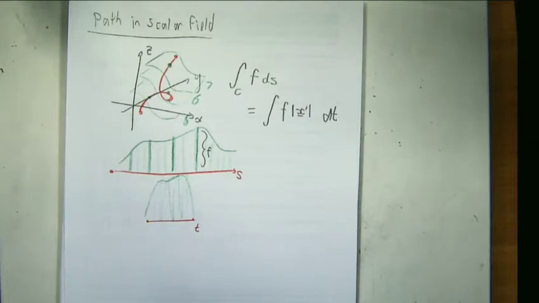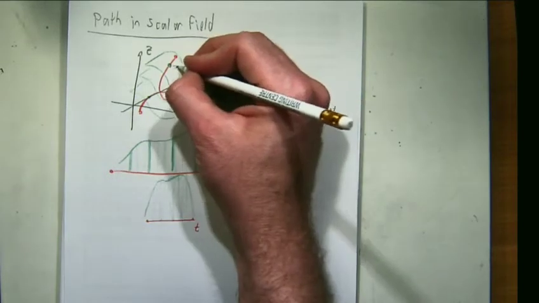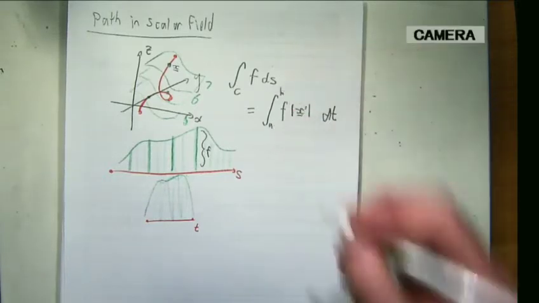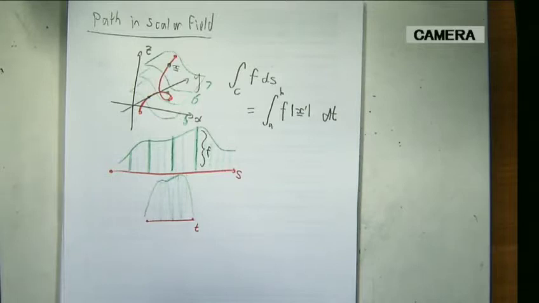So the idea is that every point on this curve can be represented by a vector which we call x, and that x has coordinates which are involved in t, and you can differentiate each coordinate separately and find the length of that, and then you go from t equals a to t equals b. And that's what I found in the notes. That's the length, yeah. And that's how to integrate a scalar field across a curve.